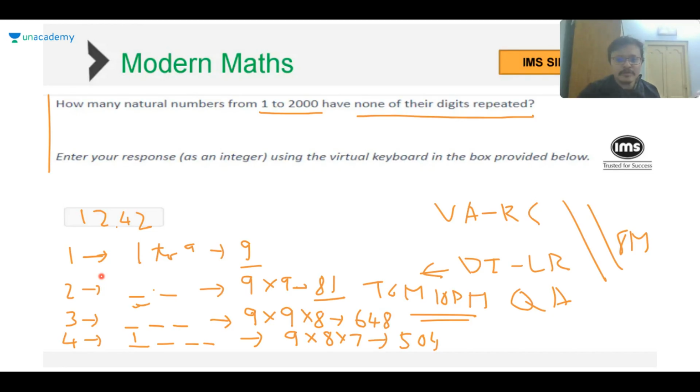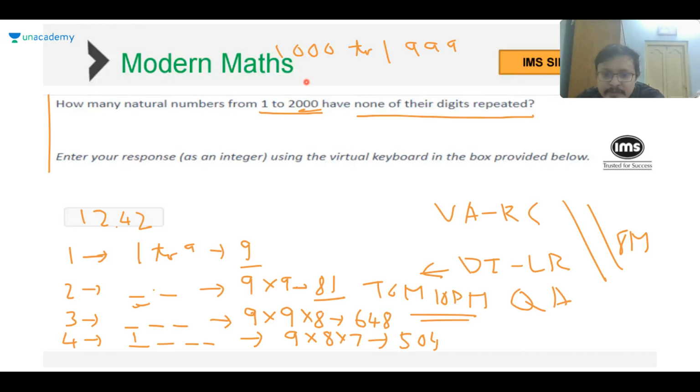It is up to 2000, no? So that means only up to basically 1999. So four digit means 1000 to 1999. What is the confusion on it? 2000 anyways has three zeros here. There's clear repetitions.